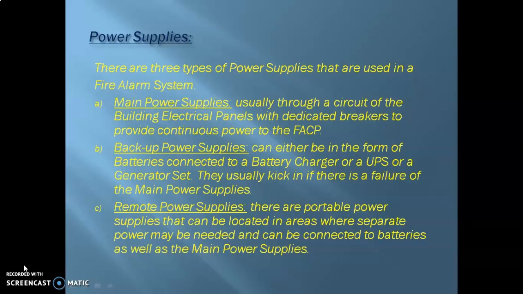In that case, you need a separate power supply that will be a lot closer to the devices that require the power. These portable or remote power supplies come in quite handy, as they can be installed near the notification devices that cannot be supplied power through the main power supplies.